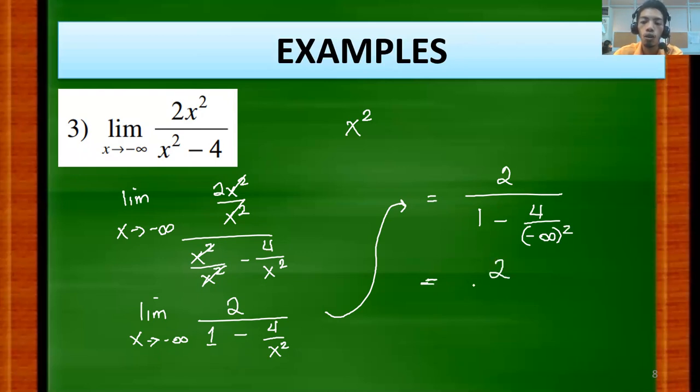So 2 over 1 minus 4 divided by negative infinity squared is 0, because the denominator is infinity. Then you have 2 over 1 minus 0 is 1, and this will give you 2. Therefore, the limit of 2x squared over x squared minus 4 as x approaches negative infinity is equal to 2.